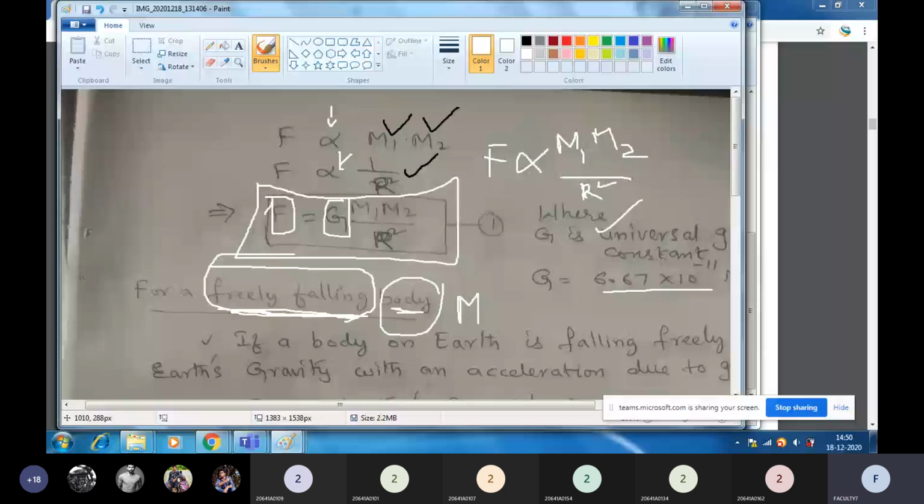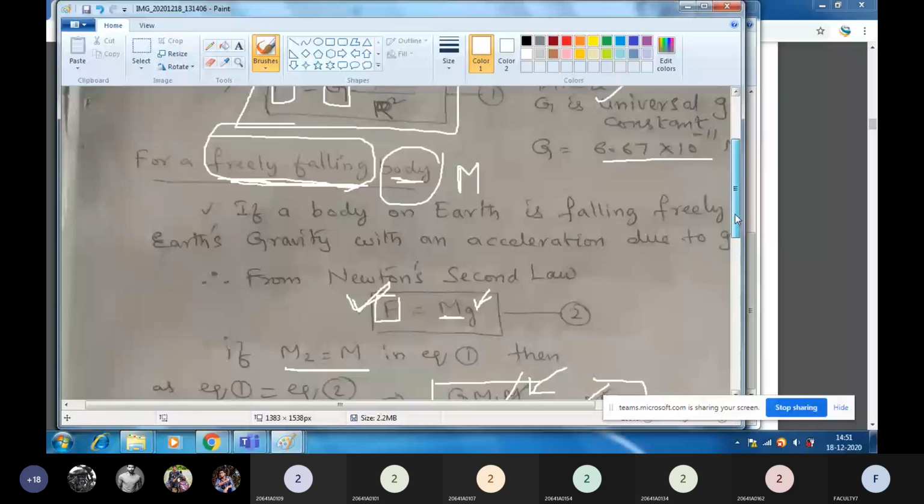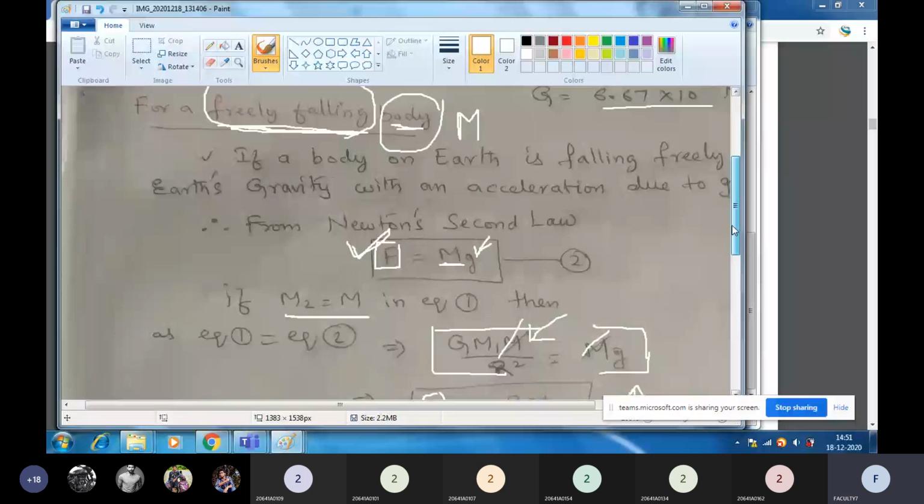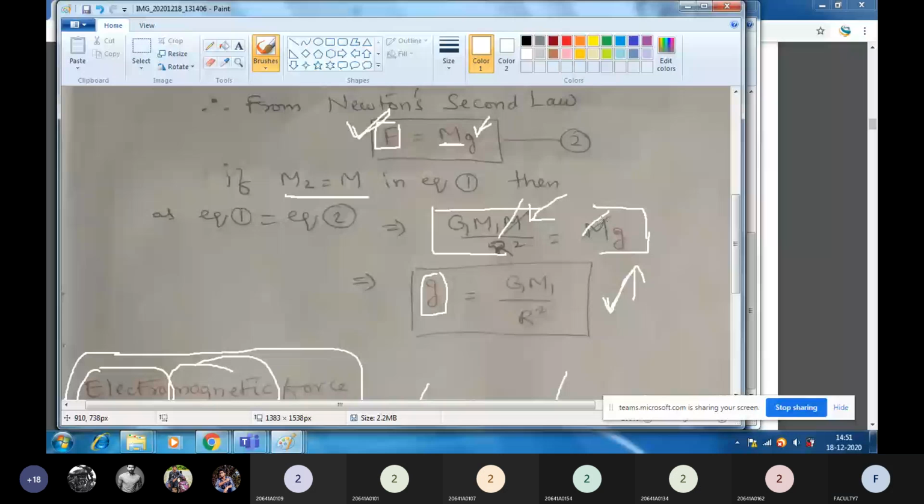Thereafter we considered a freely falling body of mass m. From there we got the expression of force depending on Newton's second law. And from the comparison, we got the expression for acceleration due to gravity, small g, as capital G into m1 by r square.